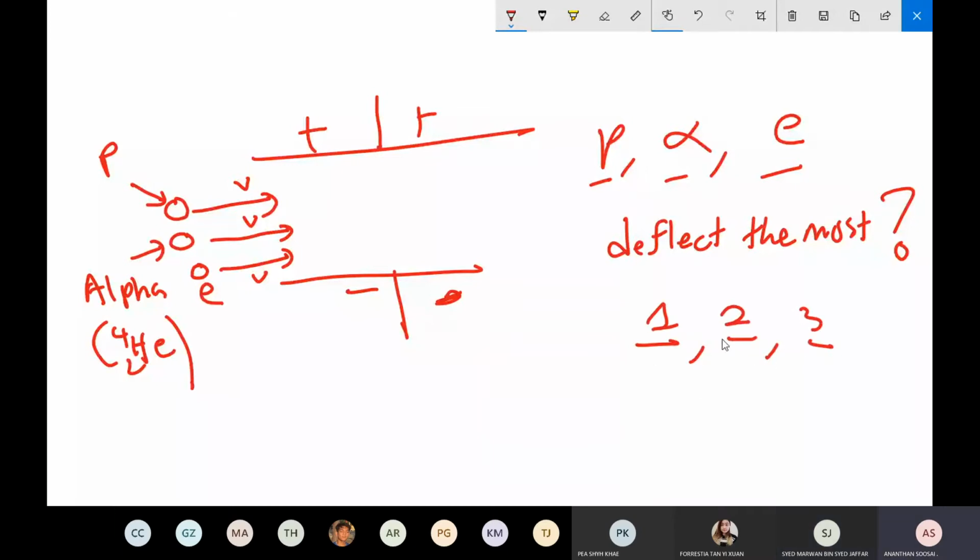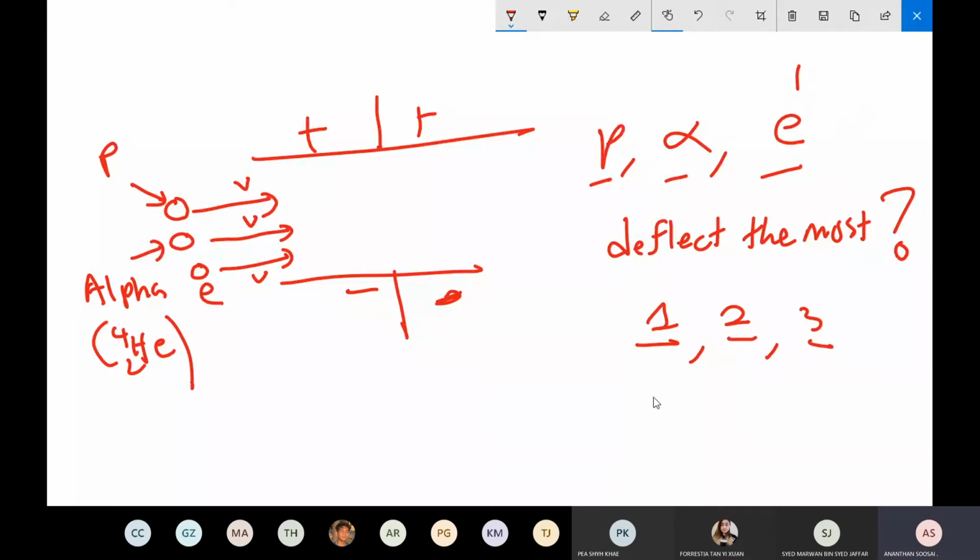I think better I put it all together. So one of you said E, electron. So let's see, is the electron the most deflected? Good. Another of you said all in order: the most deflected is electron, followed by proton and alpha.